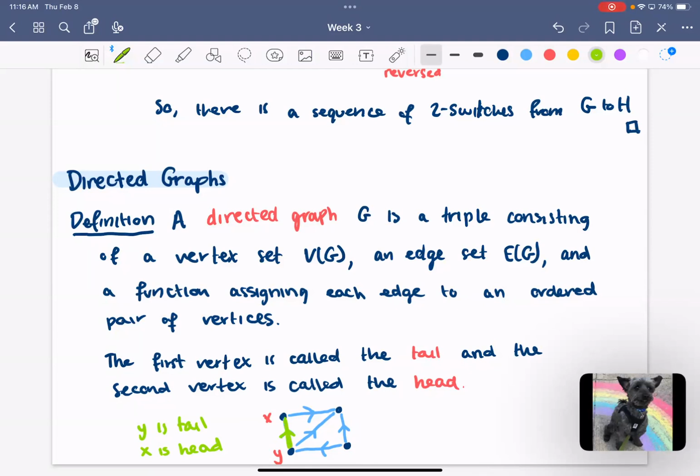Does that make sense? I think also you might see edges just drawn straight up as arrows, just so you're aware of that. I think maybe the textbook draws it that way, I'm not sure. I usually like to just draw the arrow in the middle because I think it's easier for me to see what direction every edge is going.